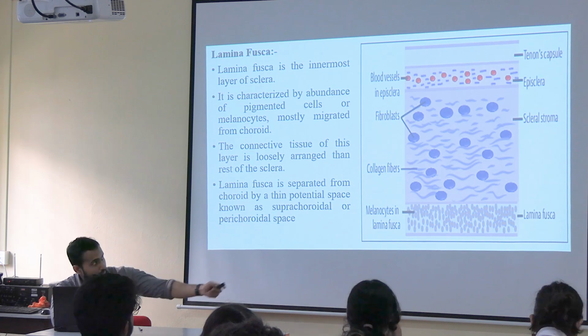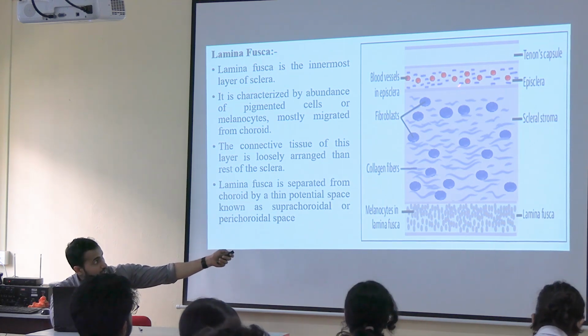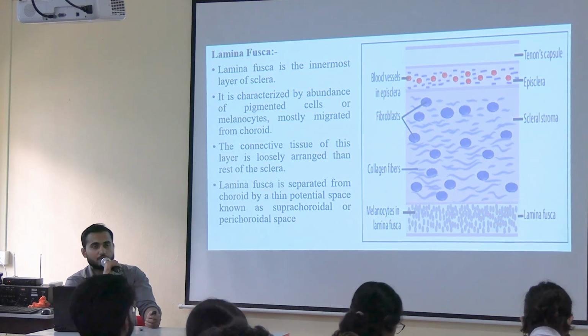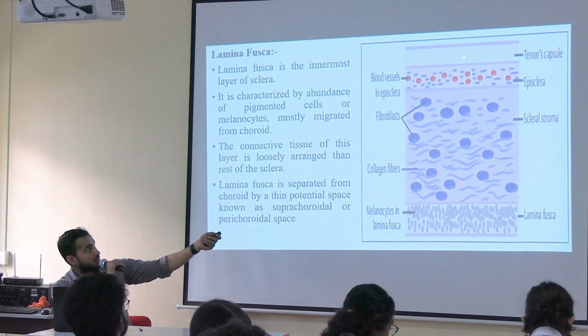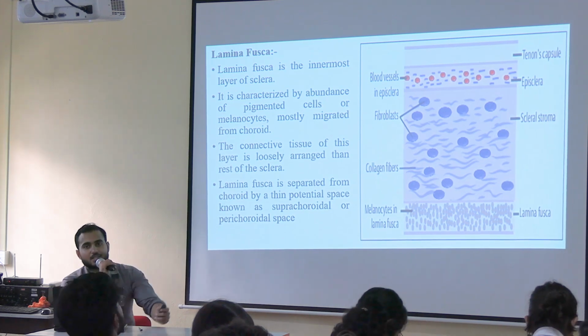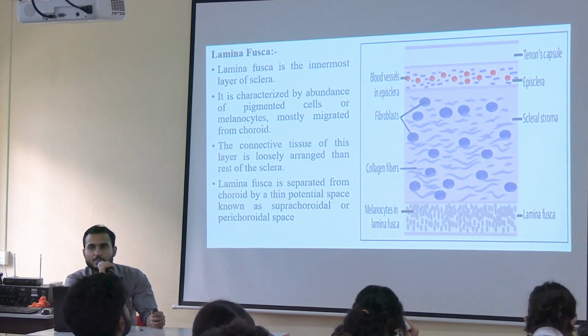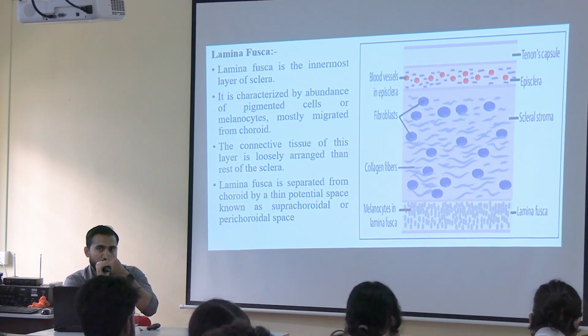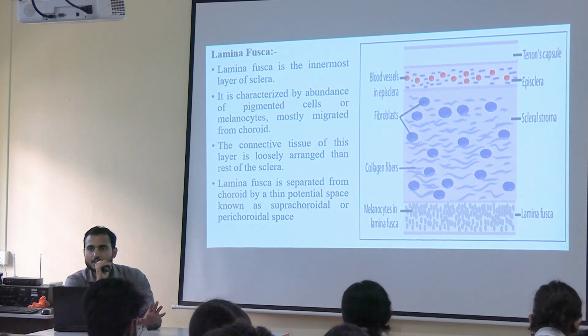Now, here is the diagram. In the diagram, you can see the three layers of the sclera. First of all, here you can see the Tenon's capsule. Deep to the Tenon's capsule, this particular layer is called the Episclera. What is mainly present in the Episclera? You can see blood vessels, and along with that, loosely arranged connective tissue.